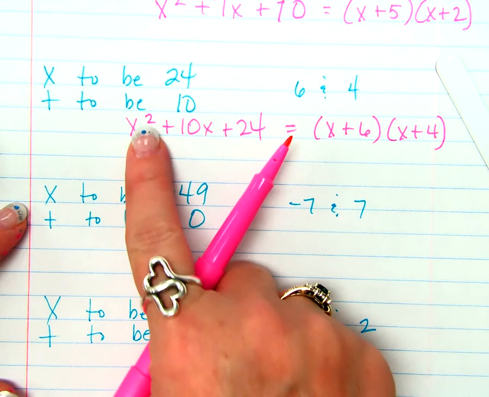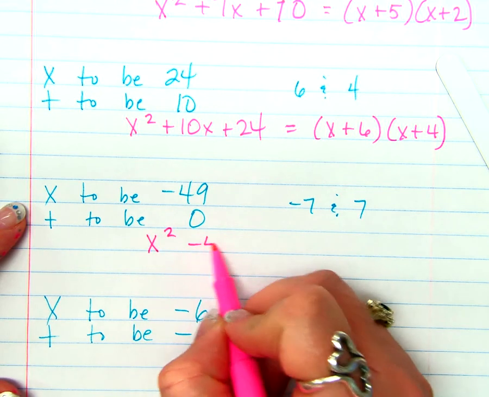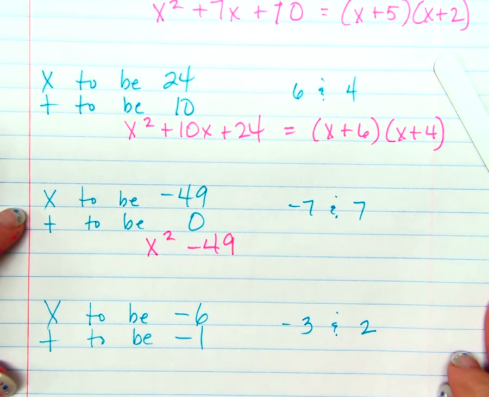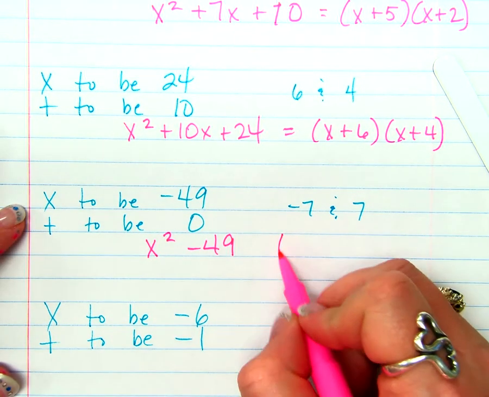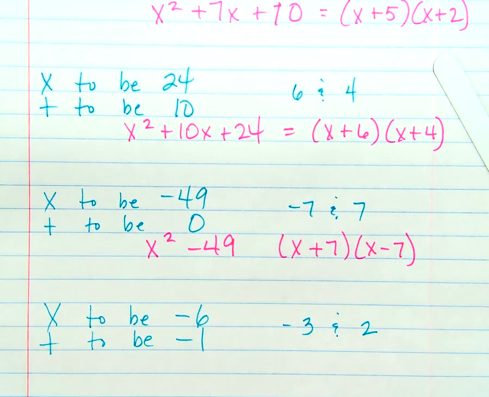Because it would be x squared plus 0x minus 49, which is really just this, isn't it? But do you see why now the answer is x plus 7 and x minus 7? Does that maybe make that a little bit more sense?